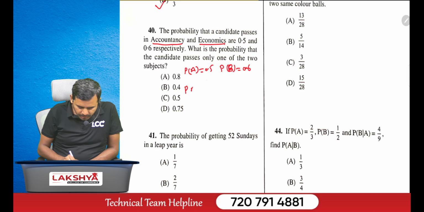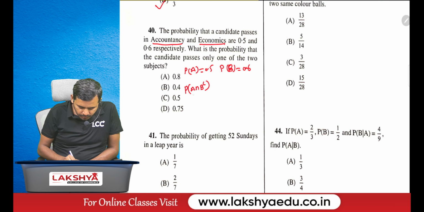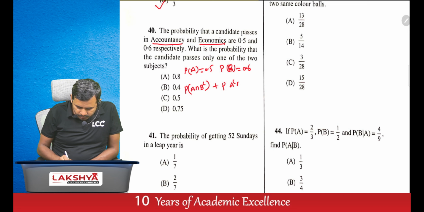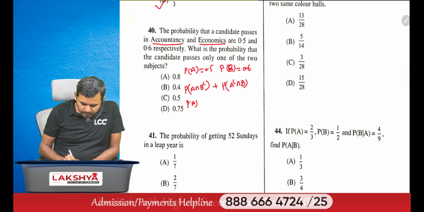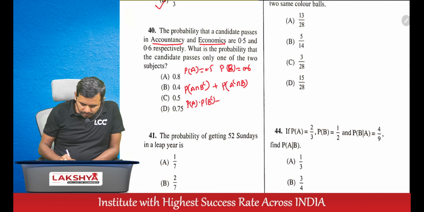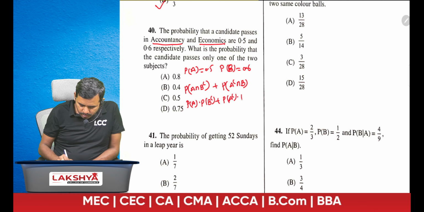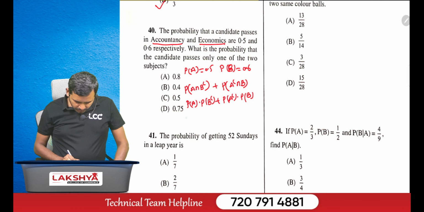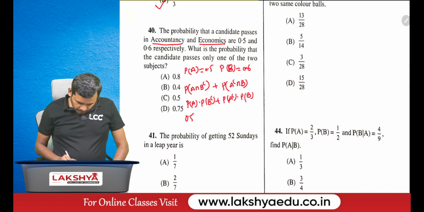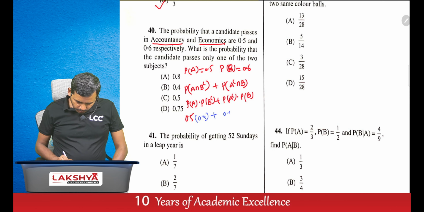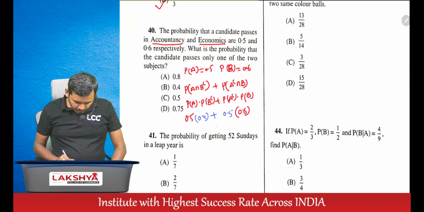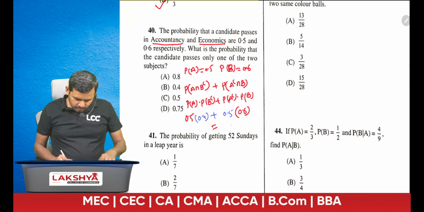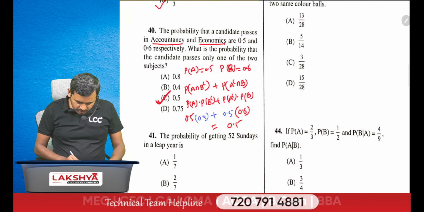That means P of A and B complement, otherwise P of A complement intersection B. All of them are independent, then P of A into P of B complement plus P of A complement into P of B. P of A value is 0.5 and B complement value is 0.4, plus A complement value is 0.5, and B value is 0.6. Simplifying this, we get 0.5. Hence, right answer is C.